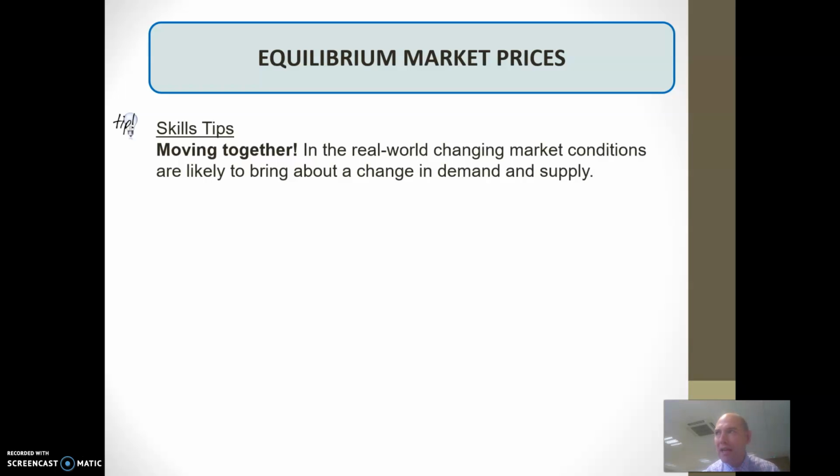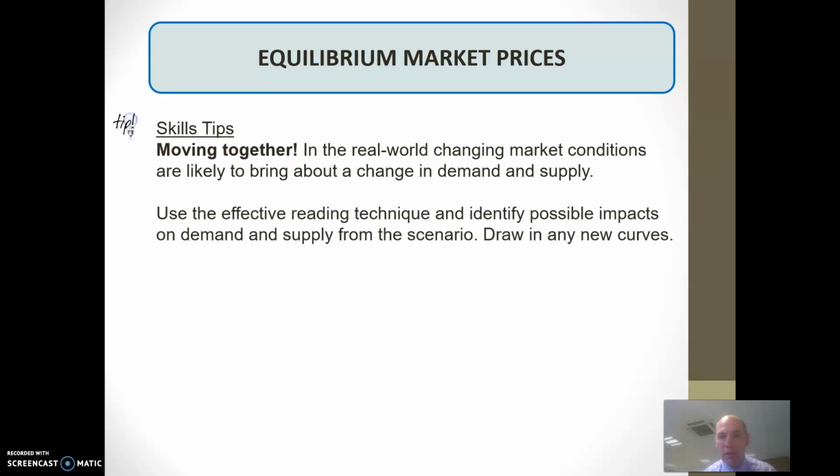In terms of supply, the cost of labour, the cost of energy, the cost of raw materials, new technology, taxes, subsidies, the weather. So in the real world, we expect demand and supply to be changing all the time. It's only through our friend ceteris paribus that we can analyze the impact of individual changes.